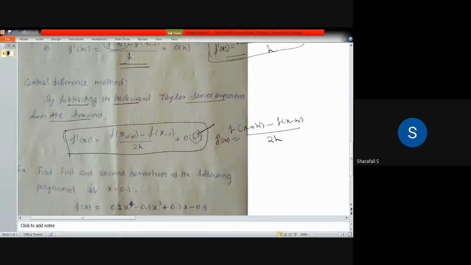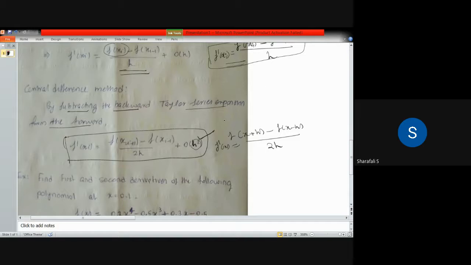Why the error is, you can see this is h square. So if you consider the previous cases for the forward method and backward method, we are having error of the order of h, which means that if you consider h is equal to 0.1, something like that, then your order of error will be in this fashion: 0.1, in the first decimal place. You can see this in this range.